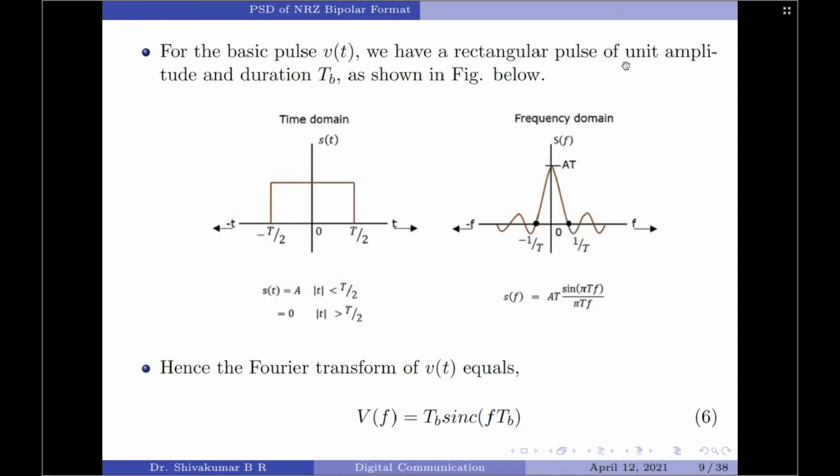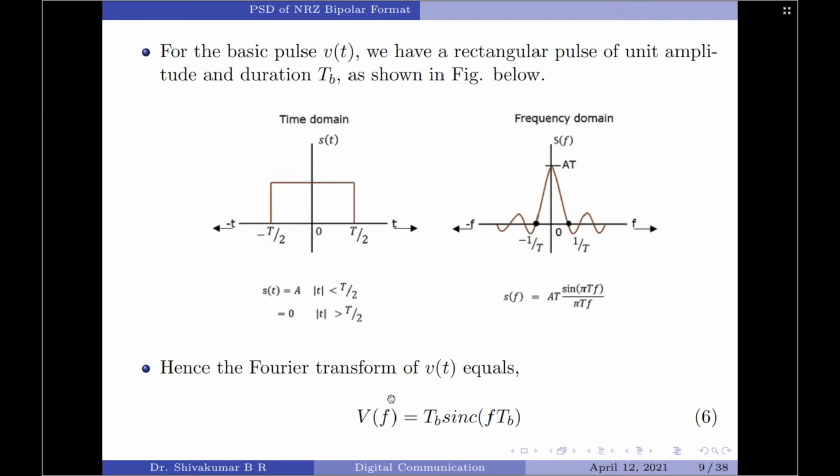Now since we have considered a unit amplitude pulse, capital A is equal to 1, T is Tb here. Then we have the last term, that is sin pi Tf divided by pi Tf, reduces to sinc of T into f, because sin of pi x divided by pi x is sinc of x. So the final expression for the Fourier transform of v of t is given by equation 6 here, which is Tb sinc f Tb. Right.